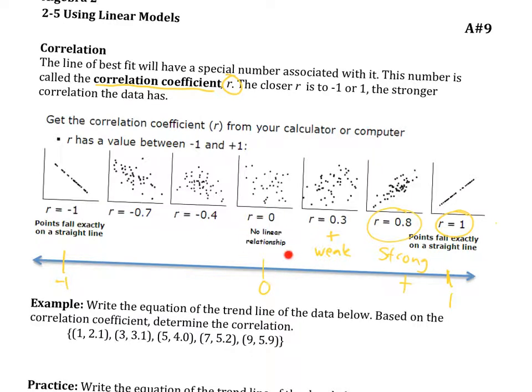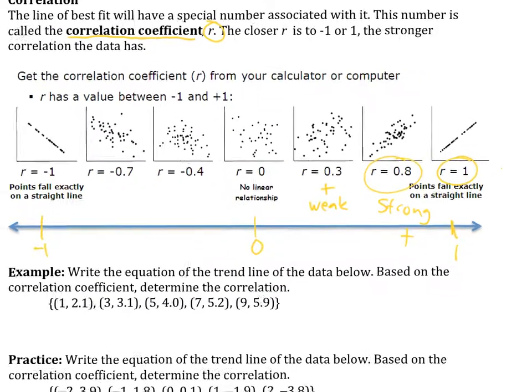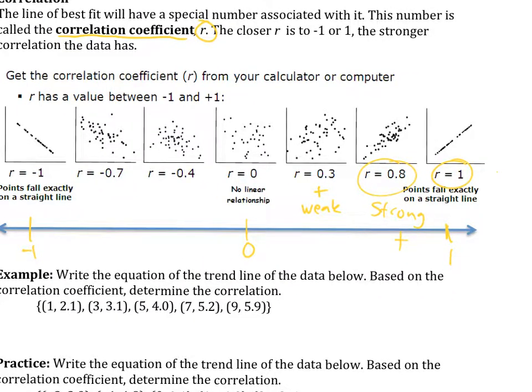And if it is pretty close to 0, like 0.1, 0.2, or -0.1, -0.2, then in that case, you say pretty much there's no real correlation. So the no correlation is somewhere in here. Then we have weak correlation somewhere in there, and this is weak here as well.